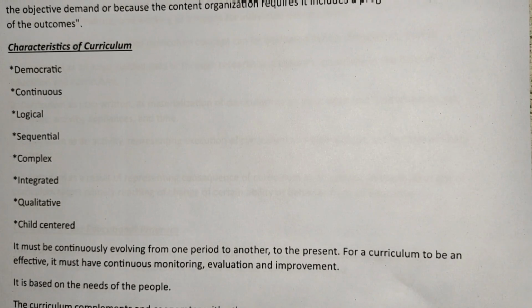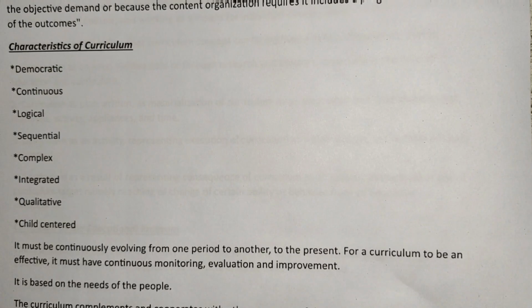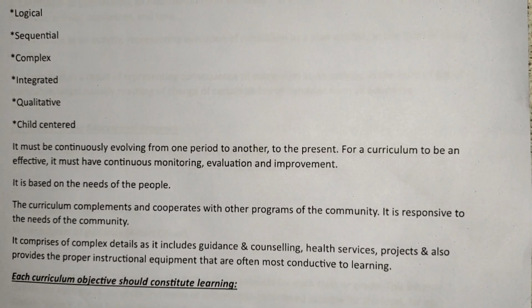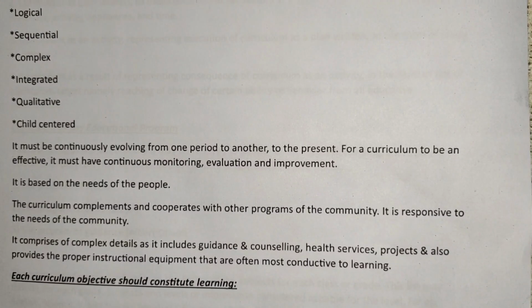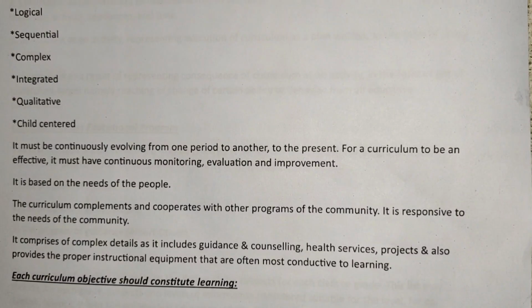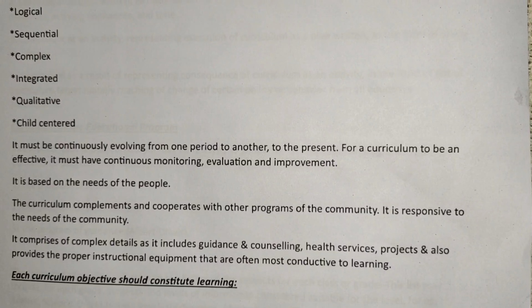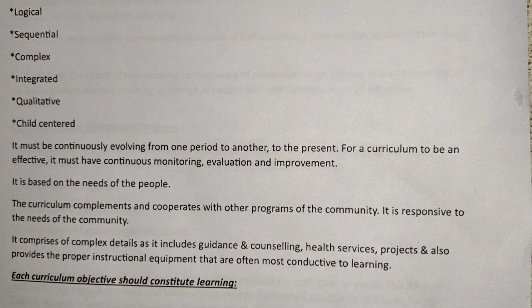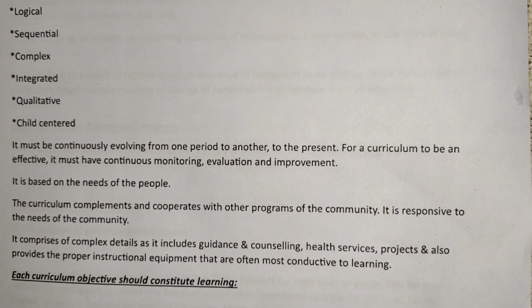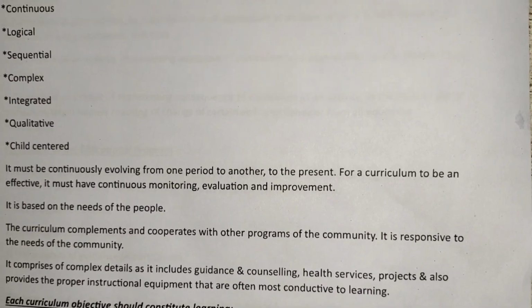It is based on the needs of the people. The curriculum complements and cooperates with other programs of the community. It is responsive to the needs of the community. It comprises all details, complex details, as it includes guidance and counseling, health service projects, and also provides the proper instructional equipment that are often not conducive to learning.